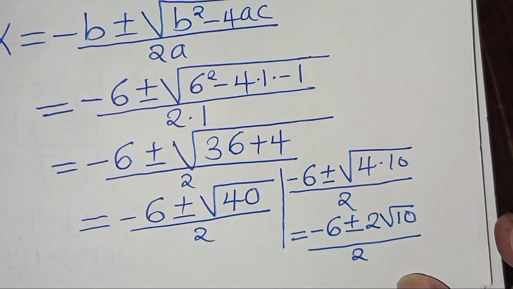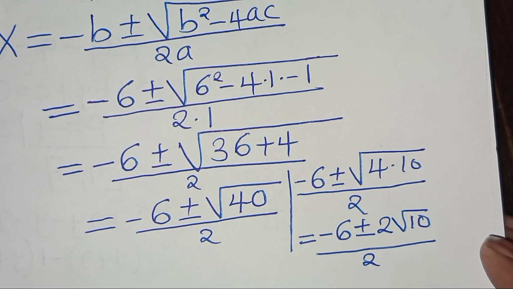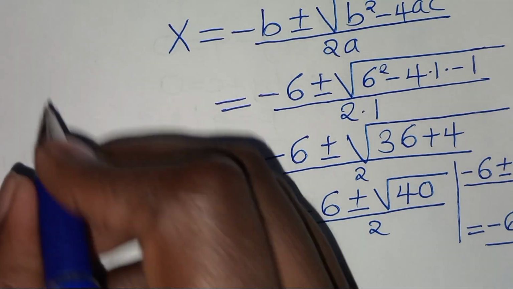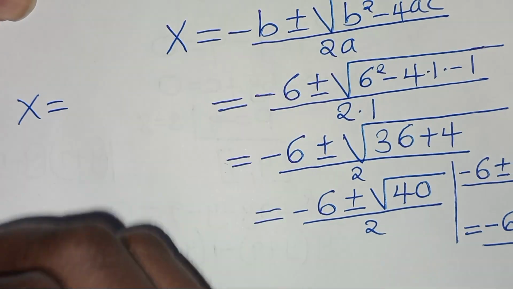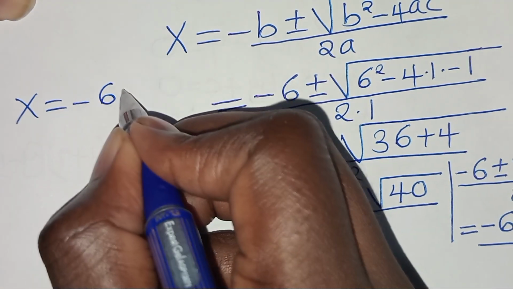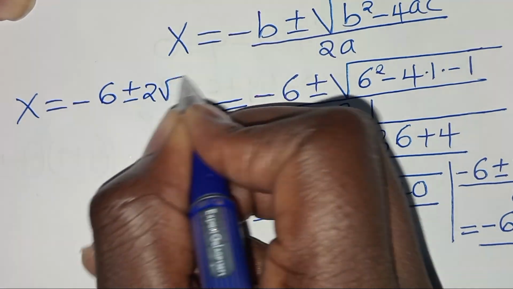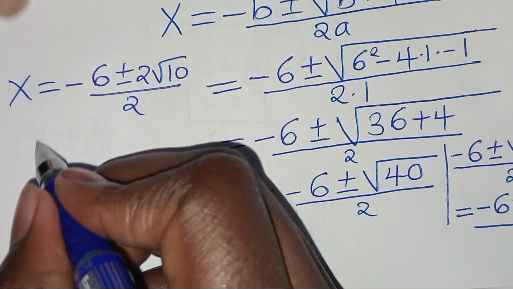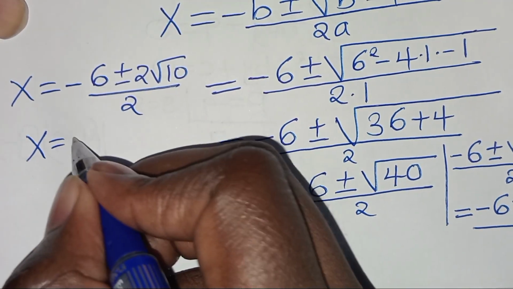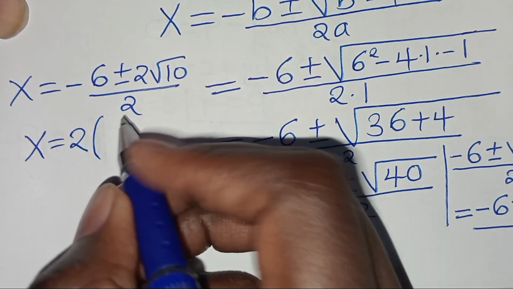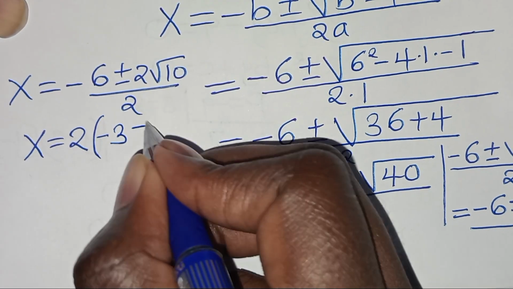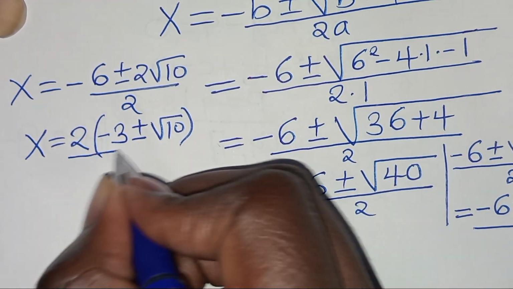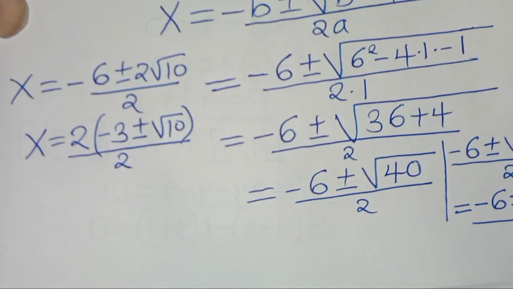So this implies that we have two values of x. We have that x is equal to minus 6 plus or minus 2 square root of 10 over 2. So 2 is common here. We can factor out 2 so that we have 2 into the parentheses, minus 3 plus or minus square root of 10, close the bracket, divide everything by 2.